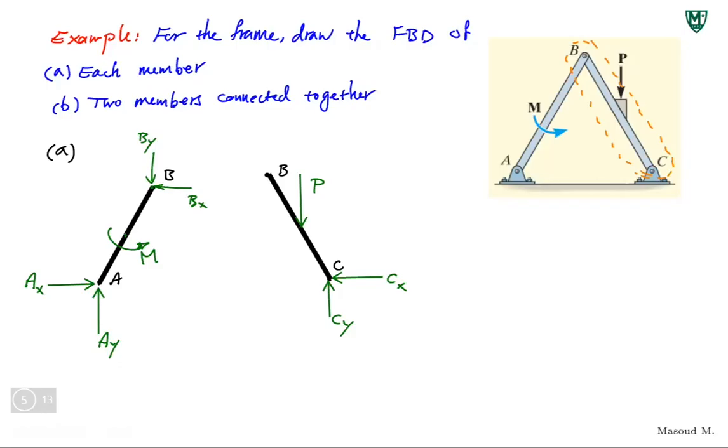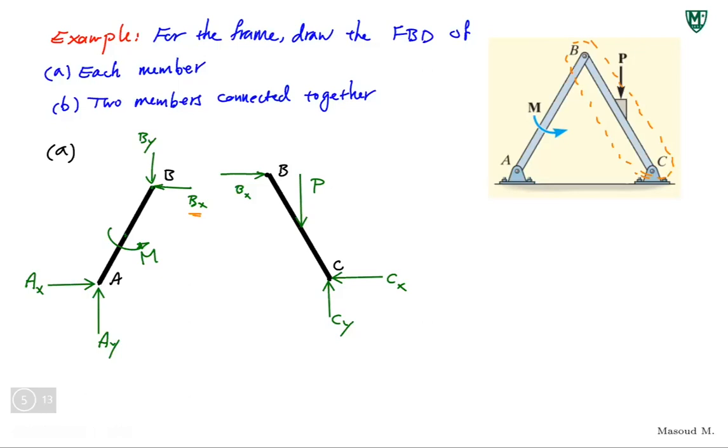Now, how do I compensate for that? Well, if I took the direction of BX, look at the previous free body diagram. If I took the direction of BX to the left, I have to put the BX on this one to the right. Why is this the case? Because of Newton's third law. Right?